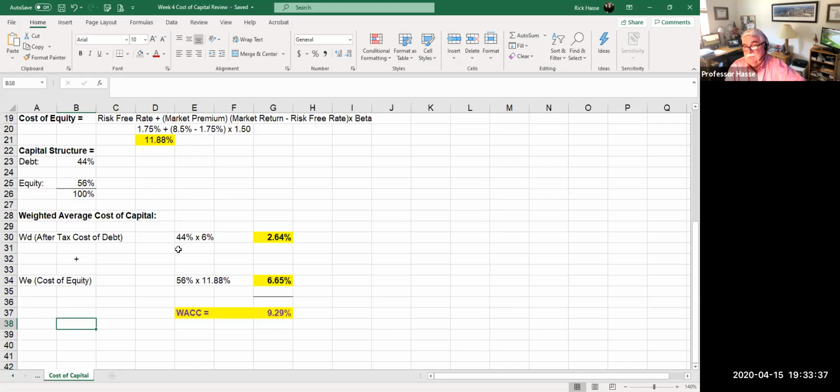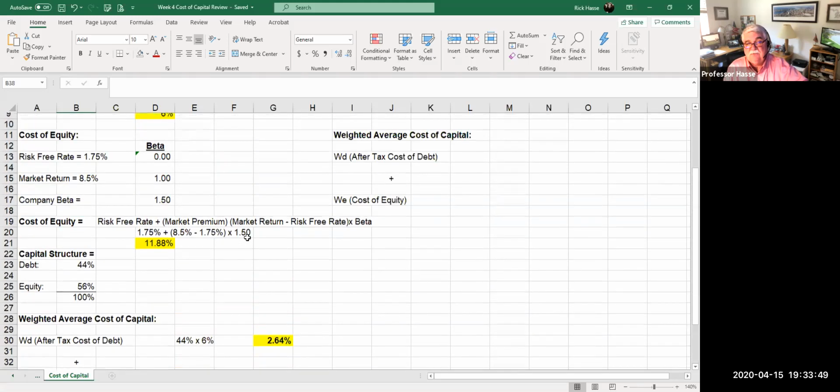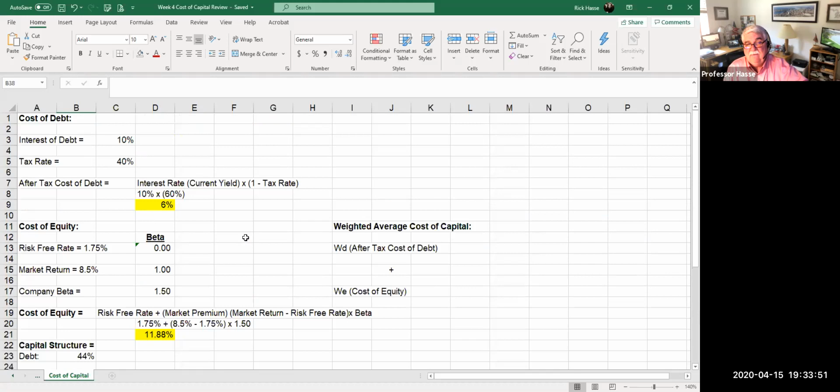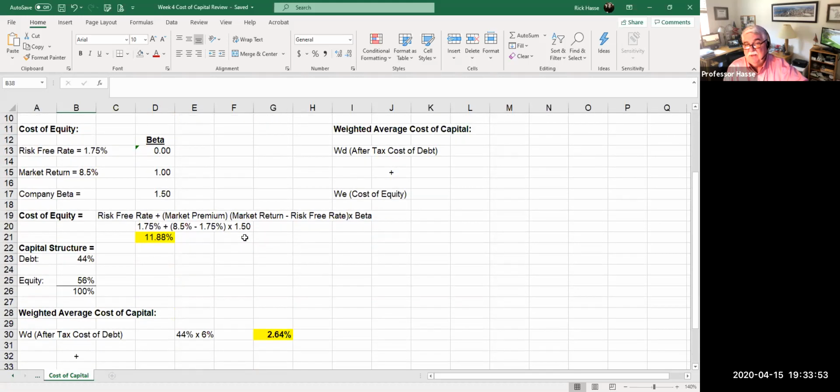Ladies and gentlemen, you are going to be doing this calculation for your specific company next week in case number 2. You're going to be determining their cost of debt, their cost of equity, and guess what?